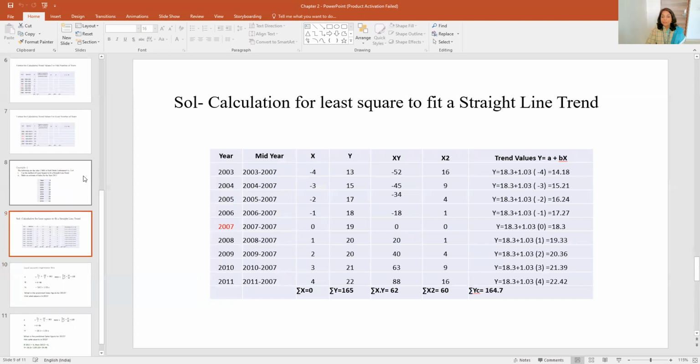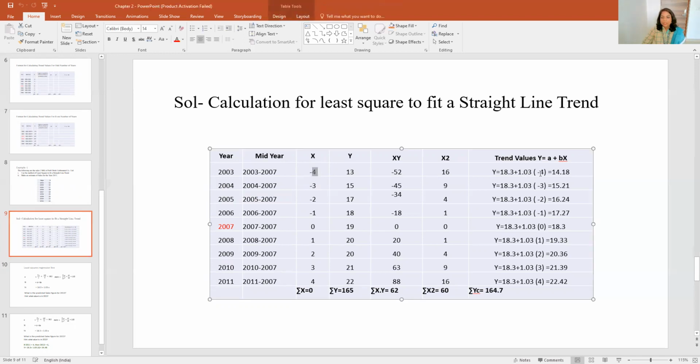Then we need to calculate the trend values for all the years. The equation is 18.3 plus 1.03x, and for each year we put in its X value. For 2003, the X value is minus 4, so 18.3 plus 1.03 into minus 4 gives 14.18. We calculate the trend values for all the years by putting in the different X values.